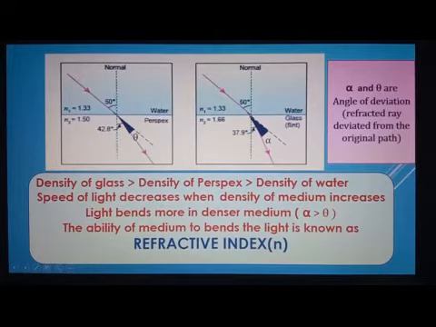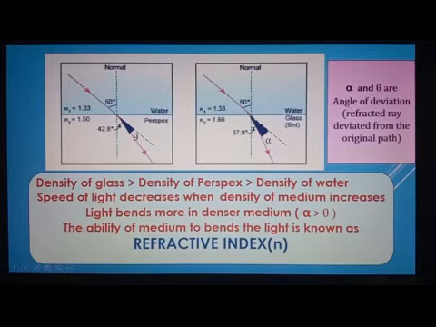The angle between the original path and the refracted ray here is theta, also known as angle of deviation. For the second diagram, light travels from water to glass, same thing, less dense to denser. So the light ray will bend towards normal, but at a smaller angle, 37.9 degrees. You can see the angle of deviation here is marked as alpha.